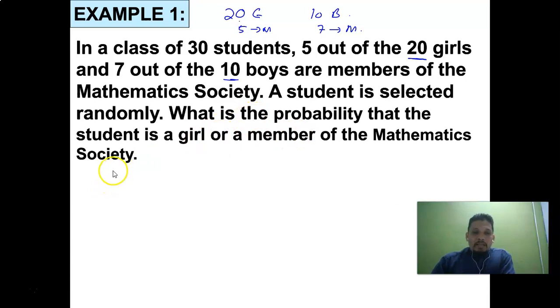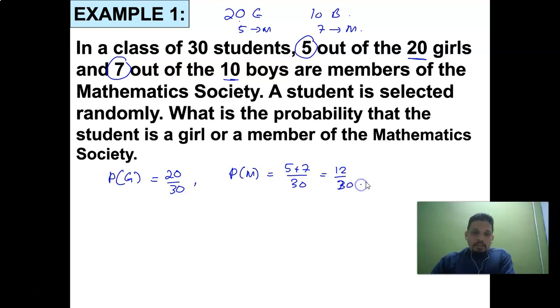Now, the probability that the student is a girl equals 20 out of 30. And then members of the mathematics society, 5 plus 7. The probability of the mathematics society, 5 plus 7, equals 12 divided by 30.